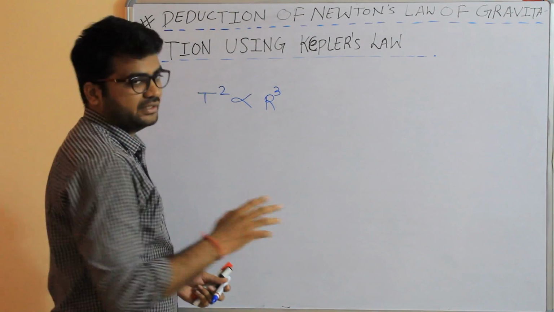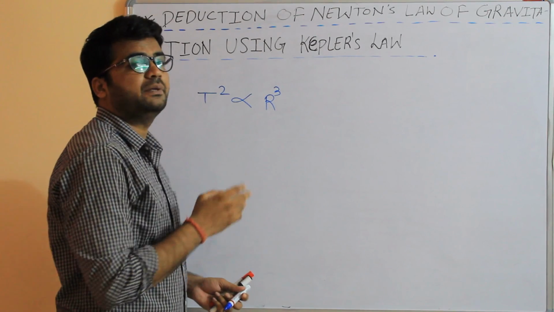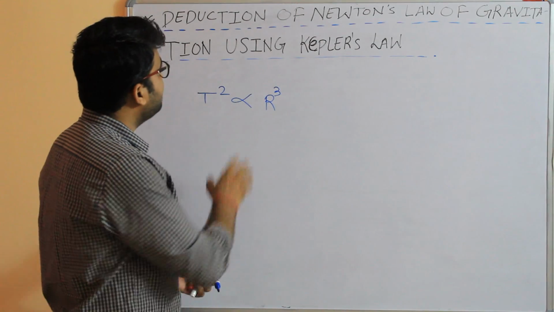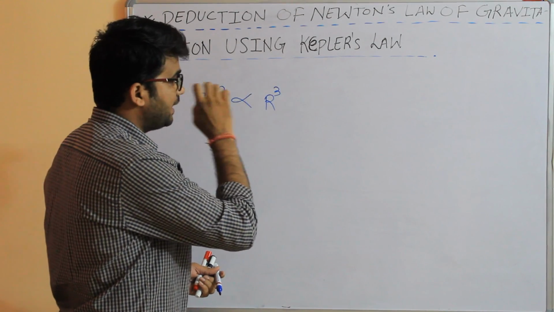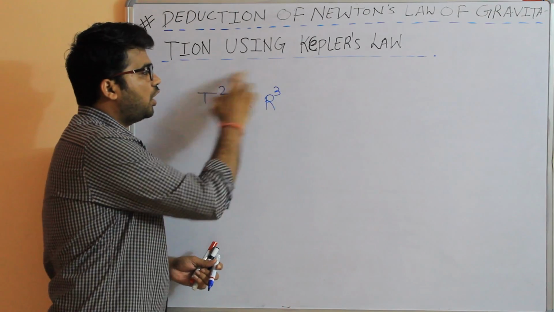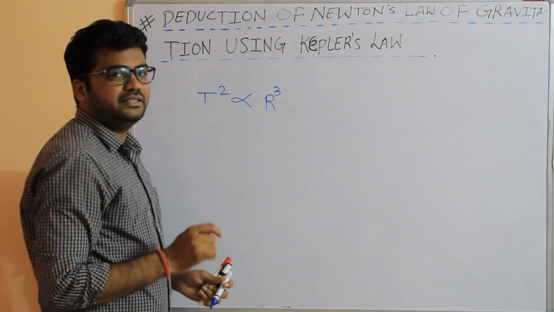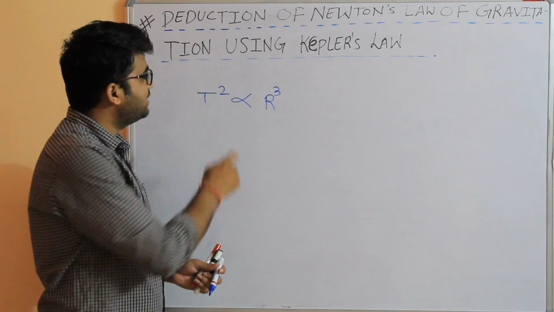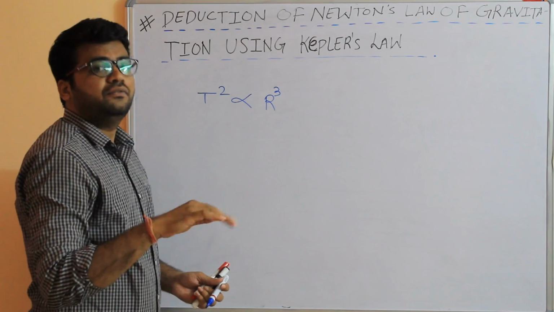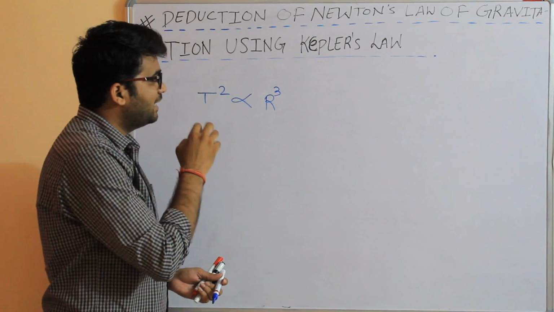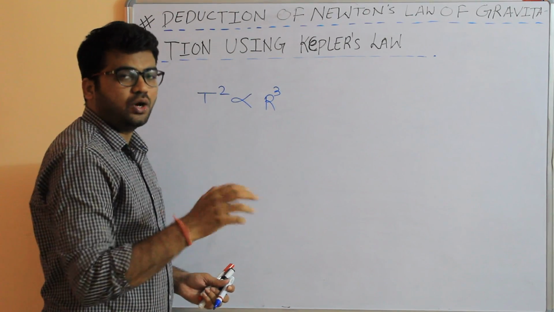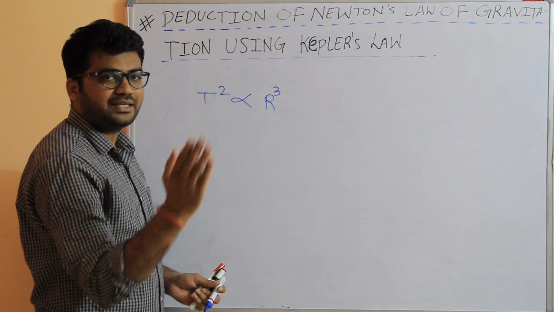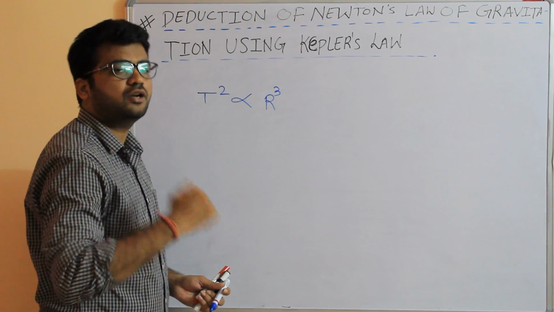So I told you all this in the last video when I defined Kepler's laws, right? Now we will see how Newton concluded this. This law was given by Kepler in 1609, and Newton, after 50 to 55 years, gave his own law, which is called Newton's universal law of gravitation. And what is that? Force is directly proportional to the product of the masses and inversely proportional to the square of the distance.